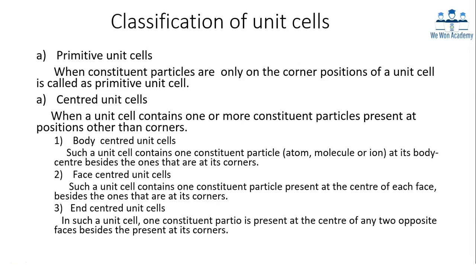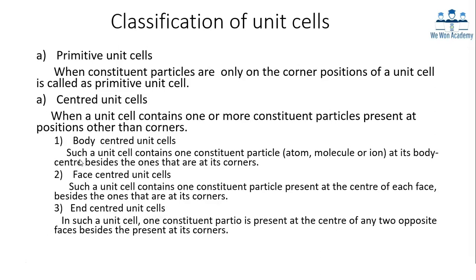The centered unit cell also has three types: body centered, face centered and end centered unit cell. For the body centered unit cell, in short form we say BCC. For face centered, FCC, and there is no short form for end centered.